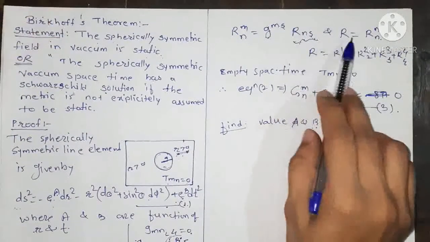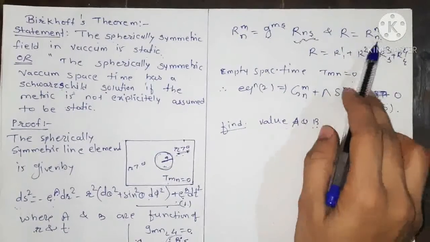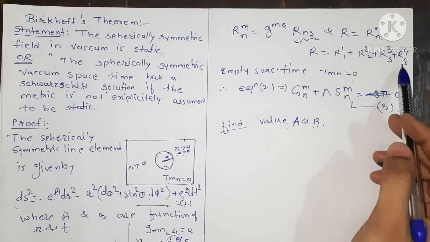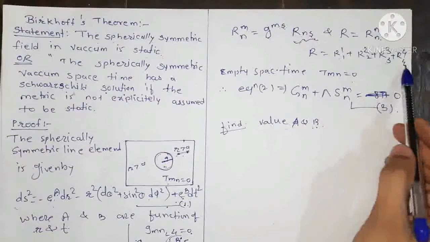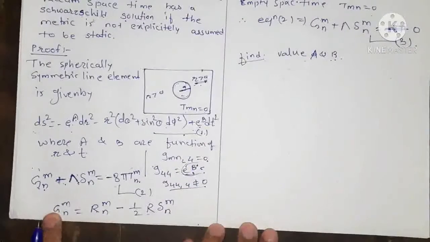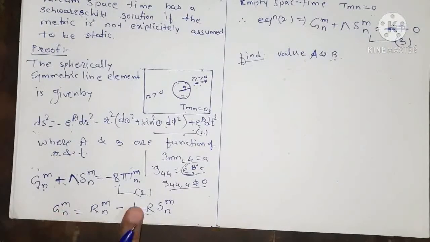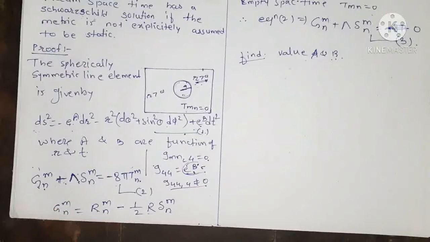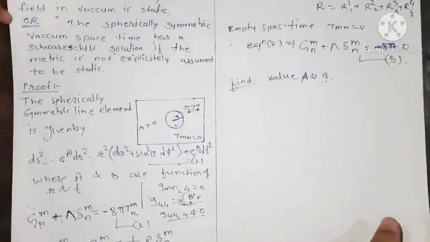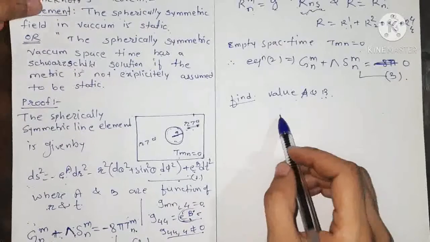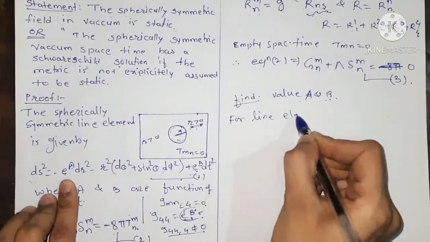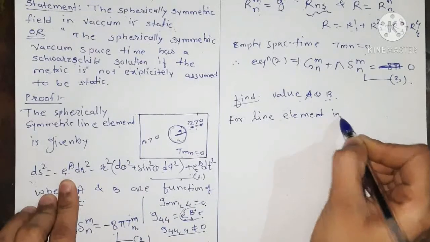And R equals R^n_n, so we find R11, R22, R33, R44 and substitute all these values to get R^m_n, and then substitute those into G^m_n to get the required G^m_n. So we directly write those equations for G^m_n for the line element in equation 1.